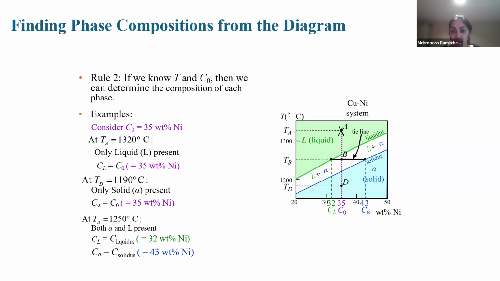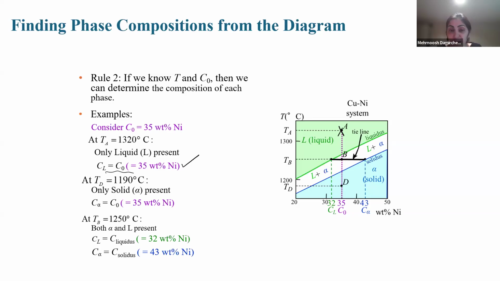We are at this point. It is fully liquid, so the weight percent of nickel in the liquid and the overall weight percent are the same, and it's 35% nickel.